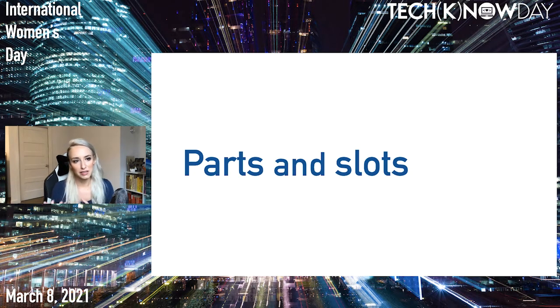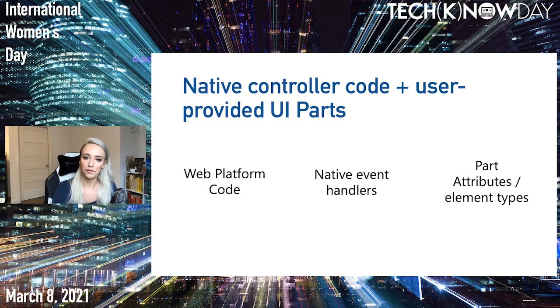And so I mentioned adding a part equals button, part equals list box, and you might be wondering, why do I have to provide that and a slot name? Platform code will be wired up to identify elements corresponding to those required control parts, and it will apply native event handlers where applicable to handle user input.